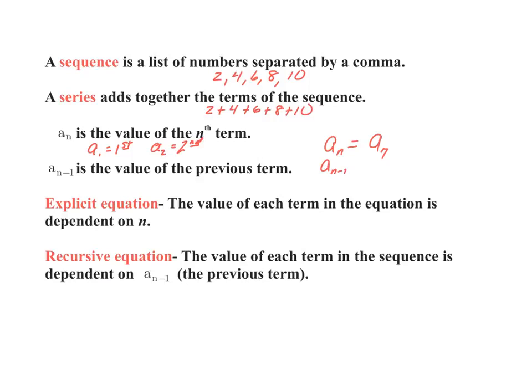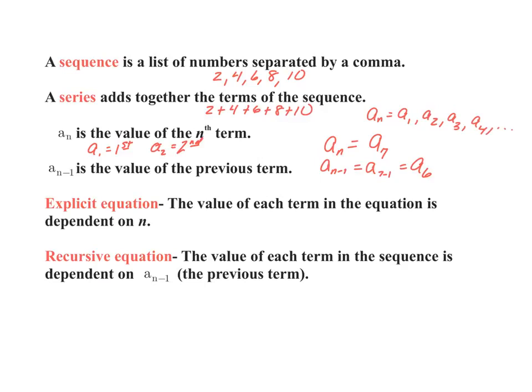Well, a sub n minus 1 then would be a subscript 7 minus 1, which would be a sub 6. And if you think about your order of things, a sub 7 would be the seventh term in a sequence of numbers, and a sub 6 would be the term right before that in your sequence of numbers. Because a sequence of numbers would be written as a sub 1, comma, a sub 2, a sub 3, a sub 4, and so on.